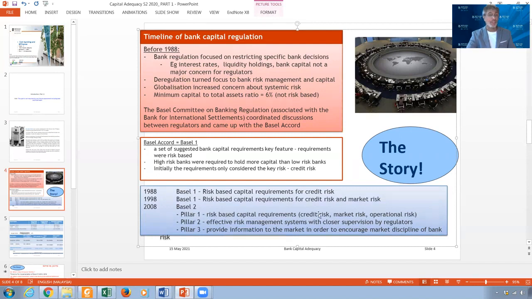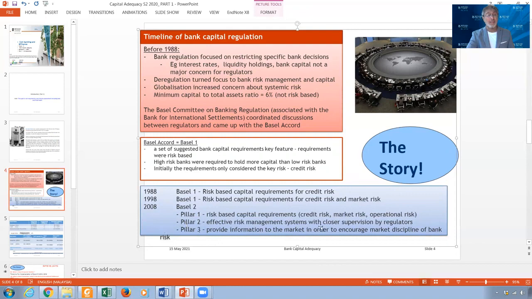Pillar one was about this equation of calculating the risk-weighted assets, which includes credit risk, market risk, and operational risk. In pillar two, they talk about the management, which is no calculations, but what you should do in the management so you can decrease the risk.